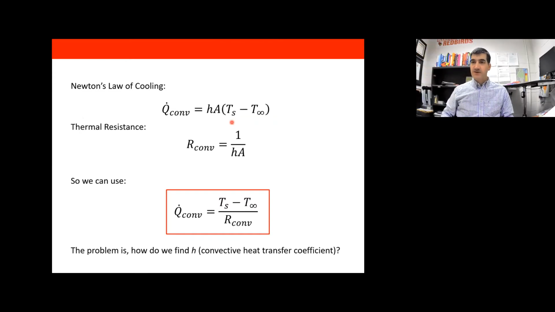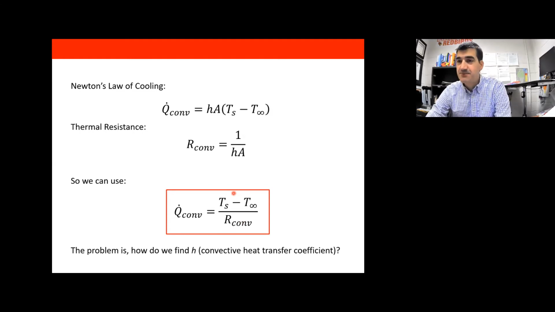And then the way that we define our thermal resistance so that we can put it into a simple equation analogous to Ohm's law for electrical circuits is by defining the convection thermal resistance to be 1 over HA. And once we plug that in to this equation, we're left back with this form of the equation. But this equation is true, but it's not that useful for us. So it turns out this combined with this is a lot more useful for us.